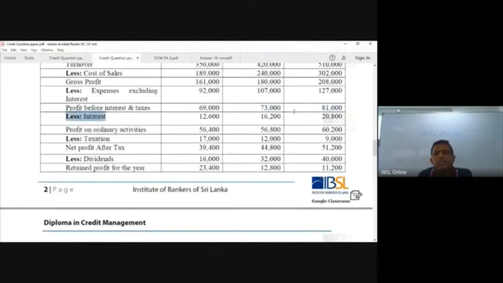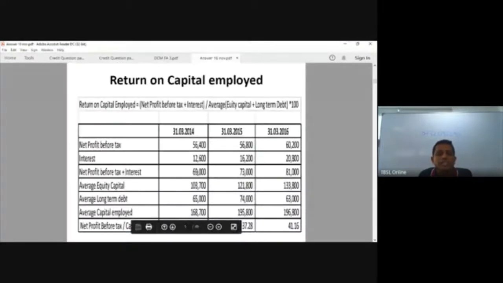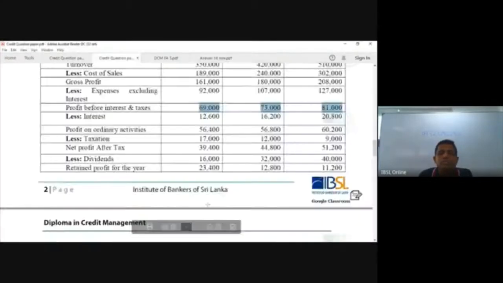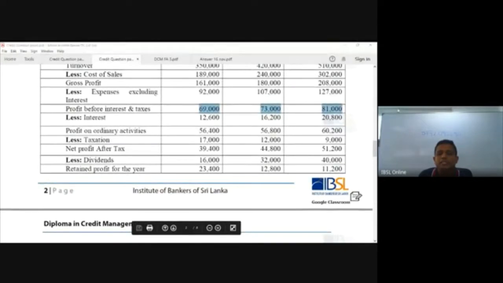Directly, you can take these figures, because the formula needs net profit before tax and before interest. Now we make a note of this: 69,000, 73,000 and 81,000. I have taken those figures from the income statement.